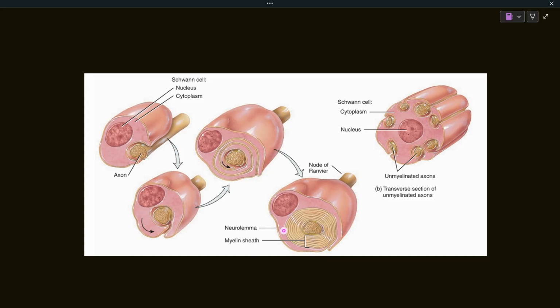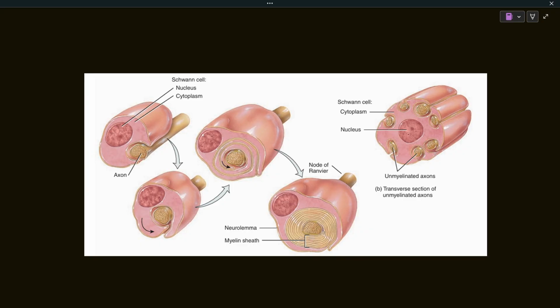The other part, the cytoplasm and the nucleus, forms the outer covering of the myelin sheath. This outer covering is made up of the cytoplasm and nucleus of the Schwann cell, and this outer layer is known as neurolemma. This neurolemma is present in the PNS, but it is absent in the oligodendrocyte.